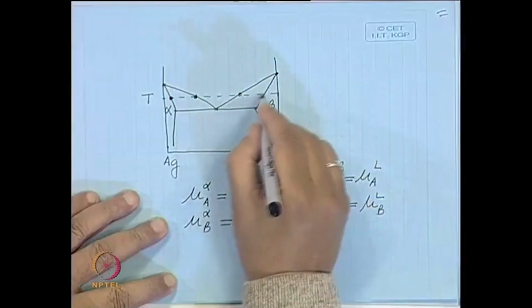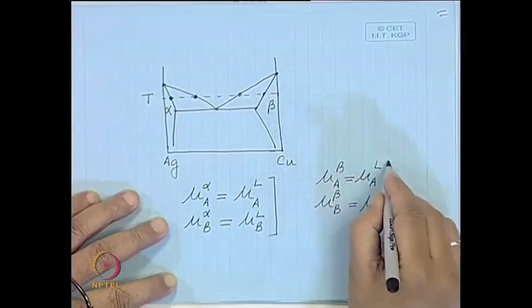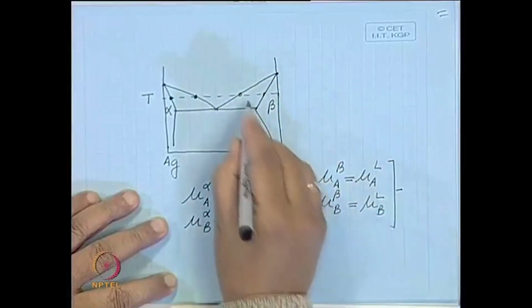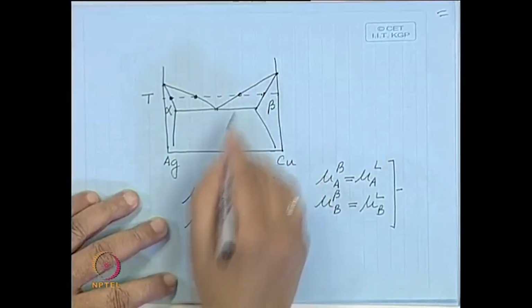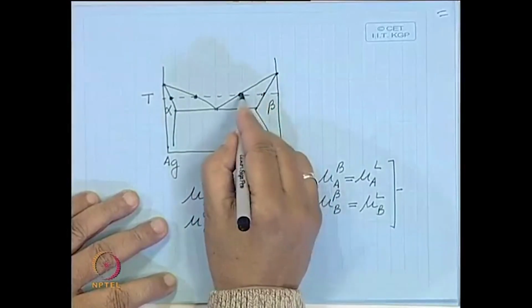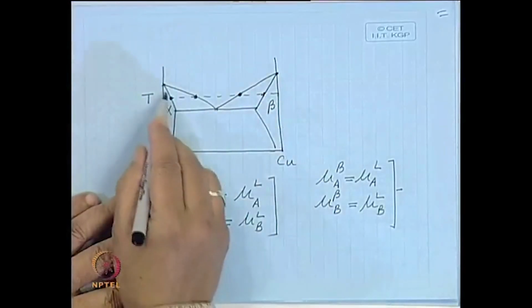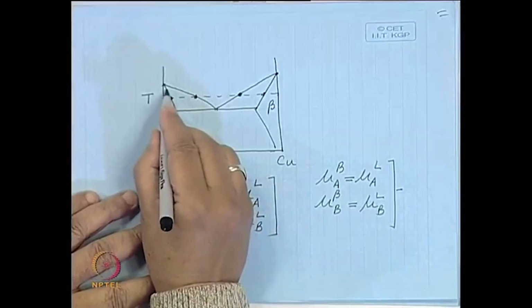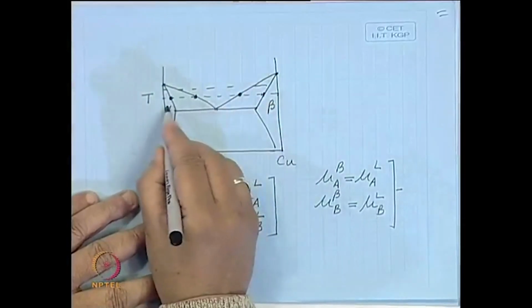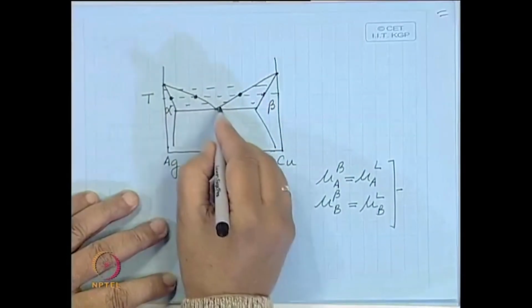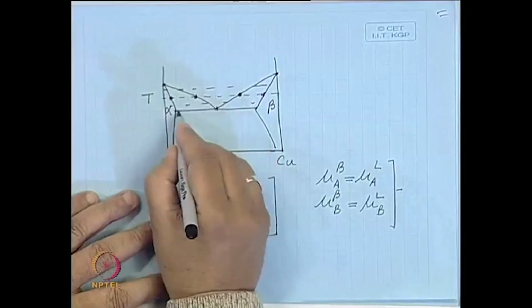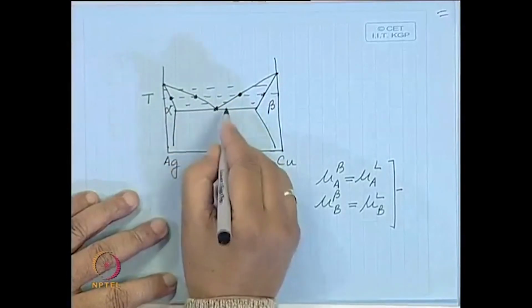By applying this to these 2 points, it is possible to calculate these compositions, and once you do it for different temperatures, you extend and you will get this eutectic temperature.